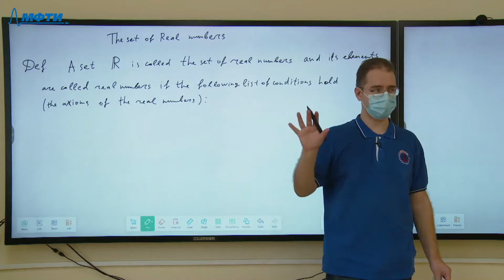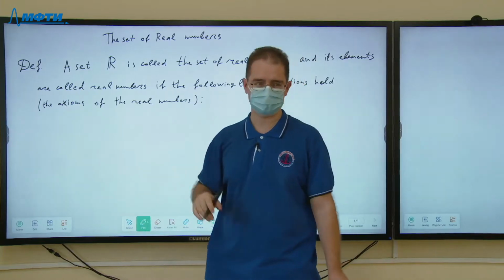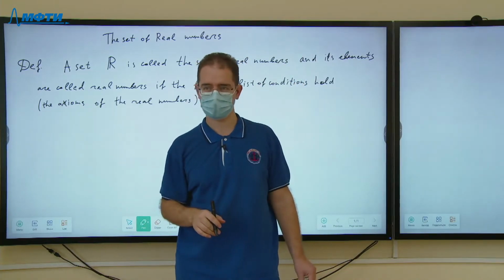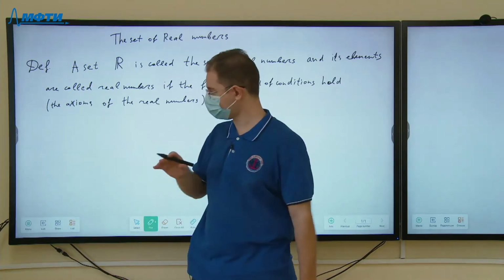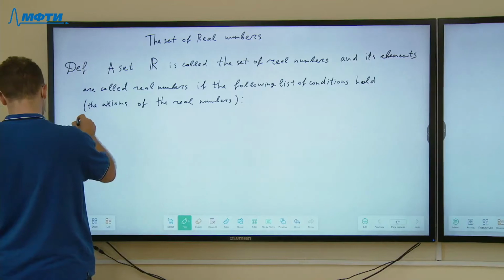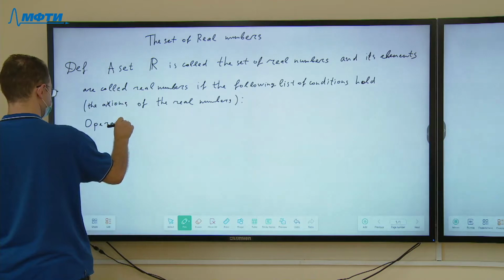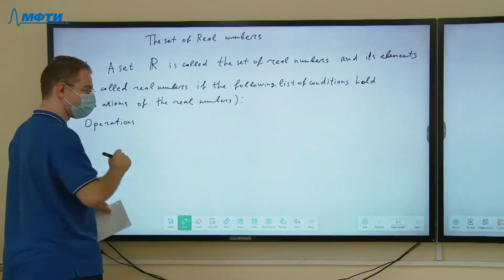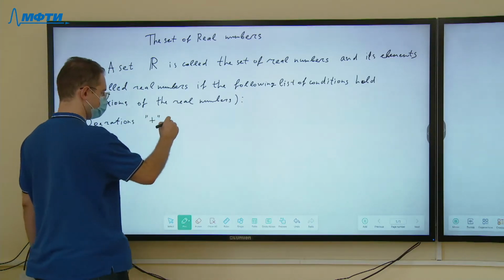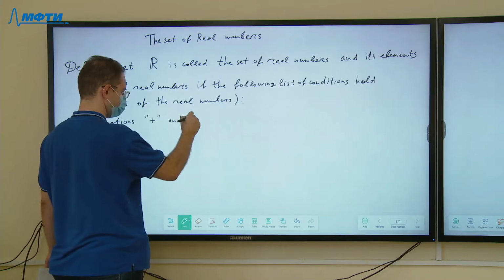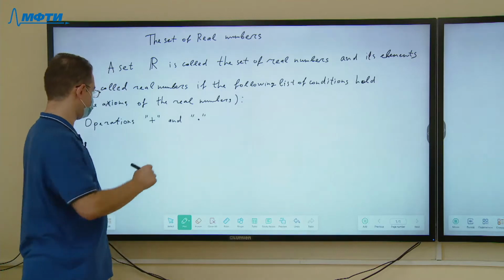So we will have a set that satisfies several, actually 16 axioms, and on this set we define two operations. I will call those operations plus and times.